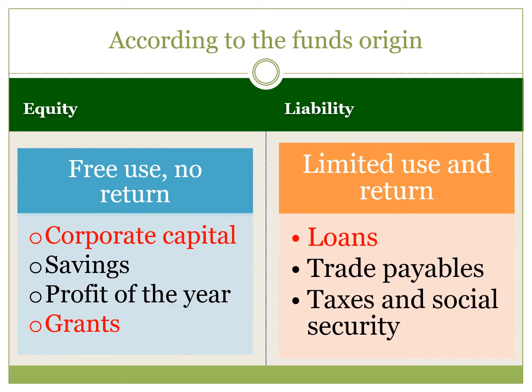So according to the origin, we have equity and liabilities. There are other classifications of the funds. So you can have short-term, long-term, and other classifications, but we're not going deeper into that in this video. We're going to focus on the difference between equity and liabilities, and especially on those concepts that you see in red, okay?